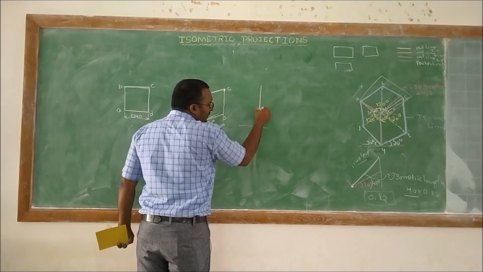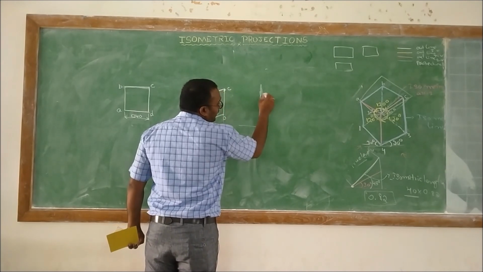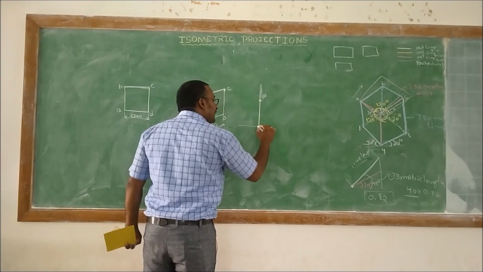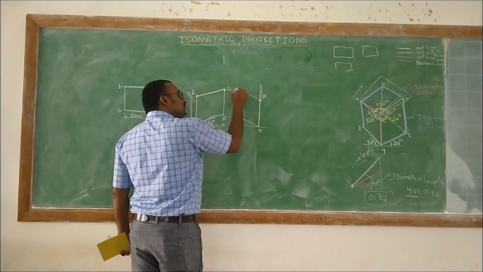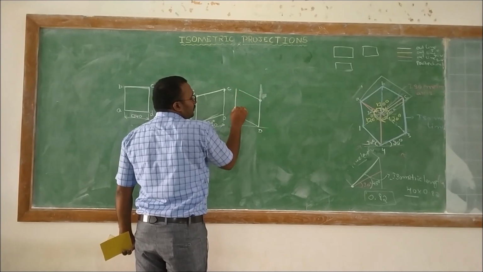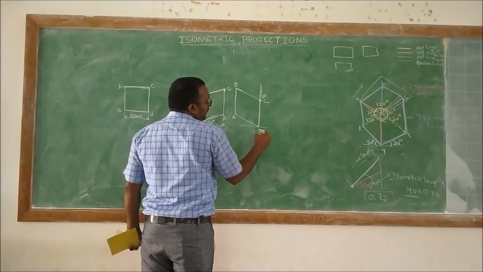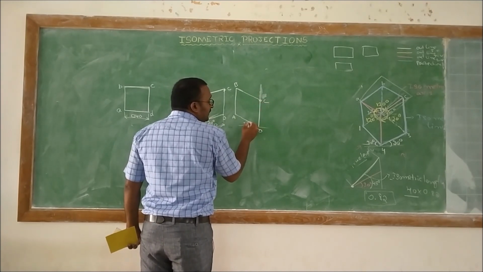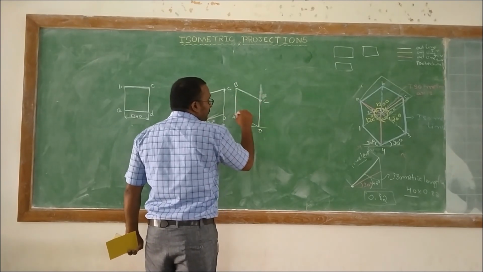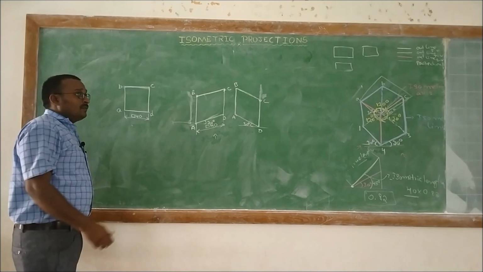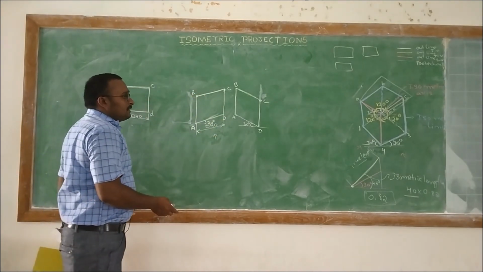So here it is DC, here D and C line is there, and 30 degrees to the ground, 30 degrees to the ground, and the vertical line remains vertical. So here it is A, B, C, D. Here this will be 30 degrees to the ground. So here it is the side view. Right? We are going to make it at an angle of 30 degrees to the ground.